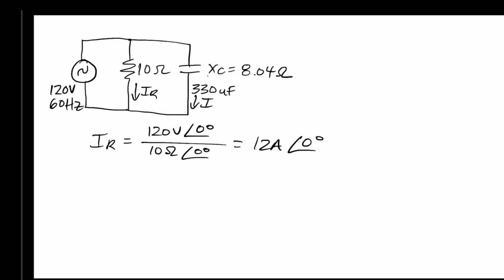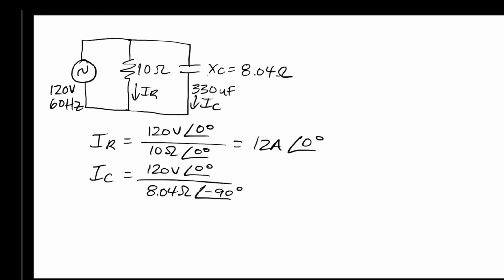Now we're looking at our IC value. IC is equal to 120 volts at 0 degrees divided by our XC value of 8.04 ohms at an angle of minus 90 degrees.